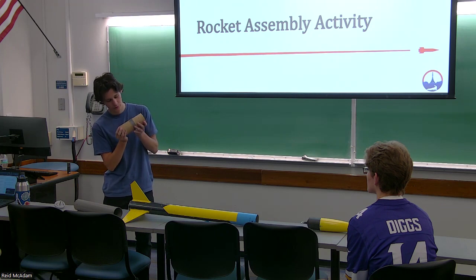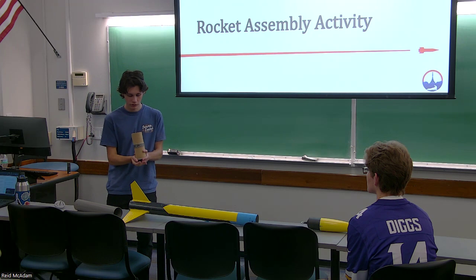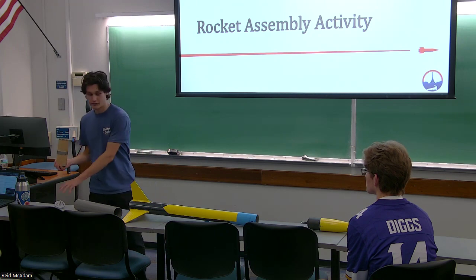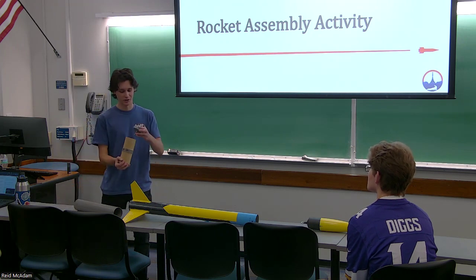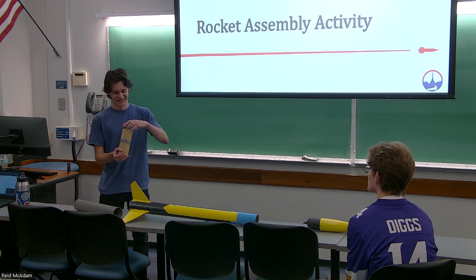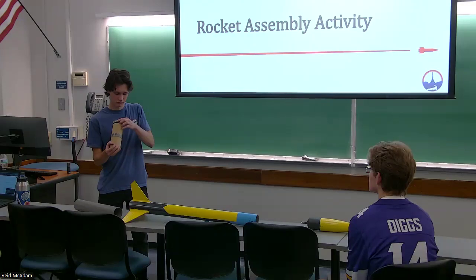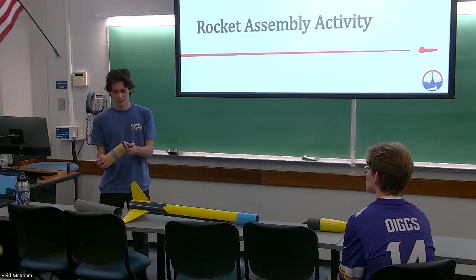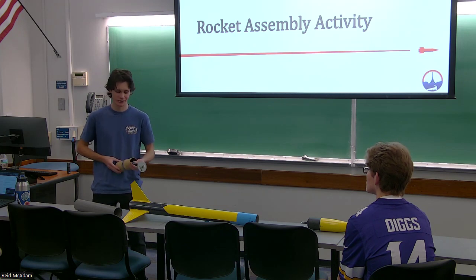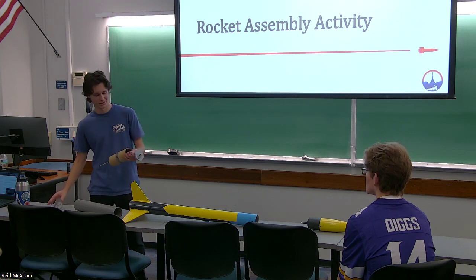I've got to bring nuts to secure this, so it's going to be a little bit sus. Okay, but you get the idea. I'm going to take this out so that I can actually close it to show you what it looks like closed.